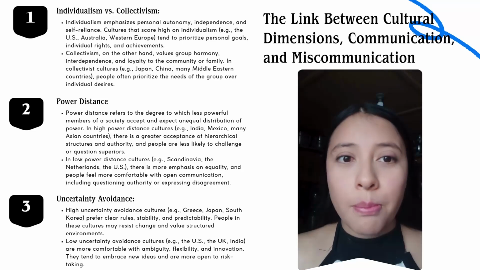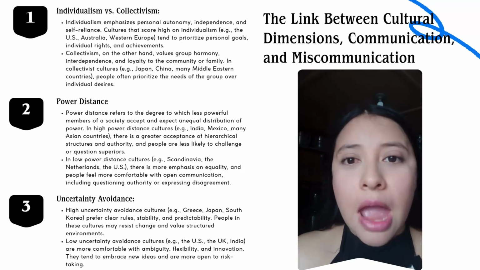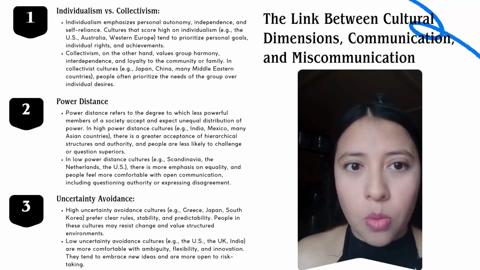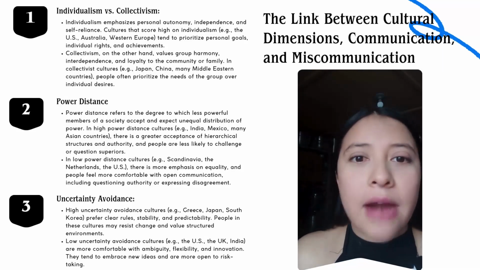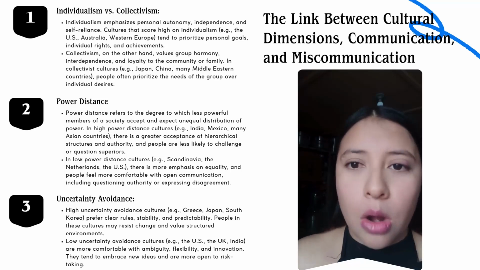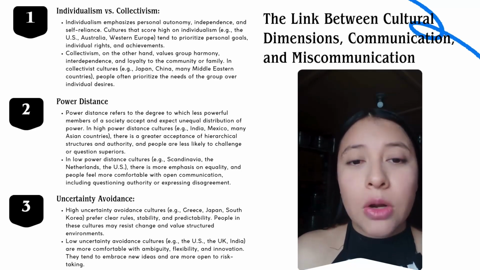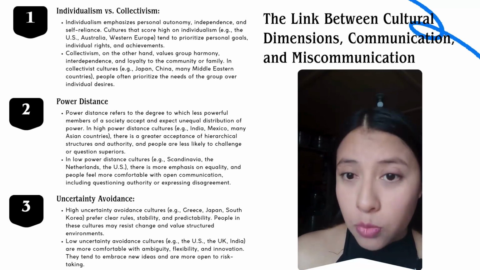Students should adapt their communication to fit these cultural norms, expressing personal opinions in individualistic cultures and showing humility in collectivist ones. Power distance concerns the acceptance of unequal power distribution. High power distance cultures favor hierarchy and respect for authority, while low power distance cultures value equality and informal communication.